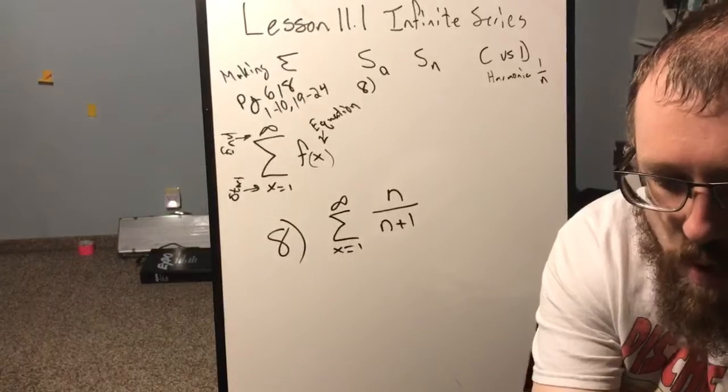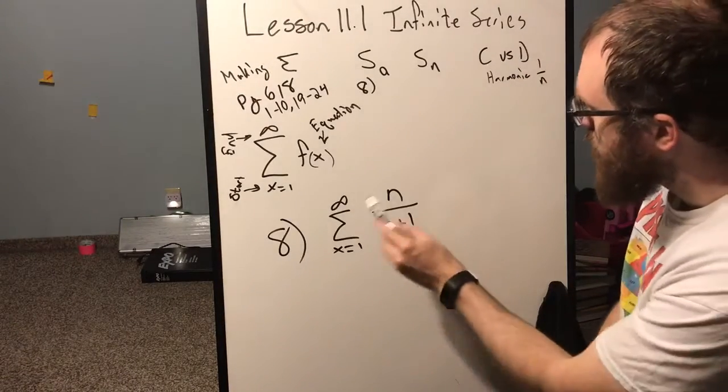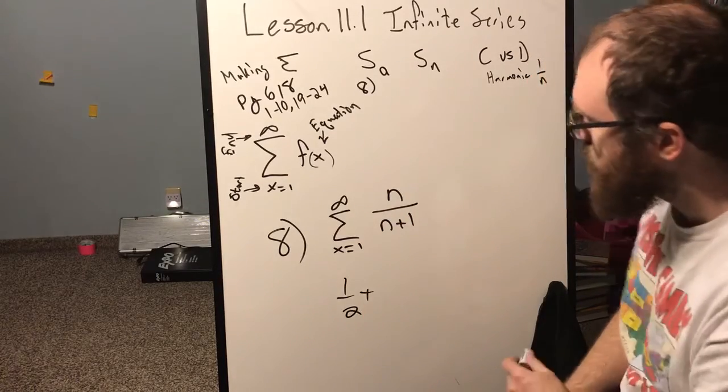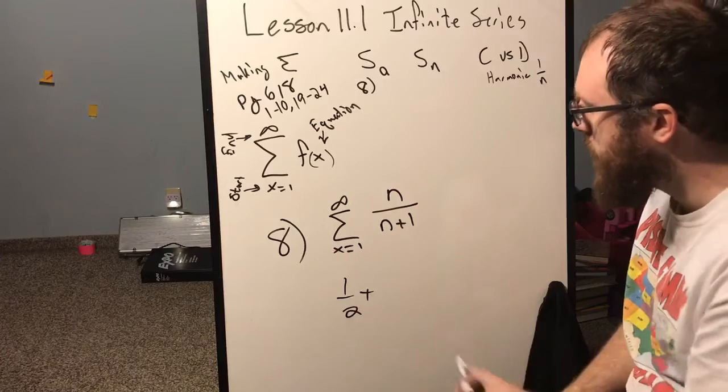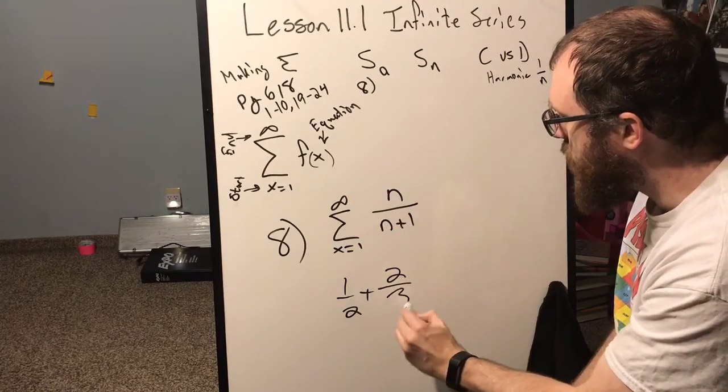So term number 1 is what I get when I put in 1 here. So I have 1 over 1 plus 1, which is 1/2. And then term number 2, I put in 2 here. So I have 2 over 2 plus 1, so 2/3.